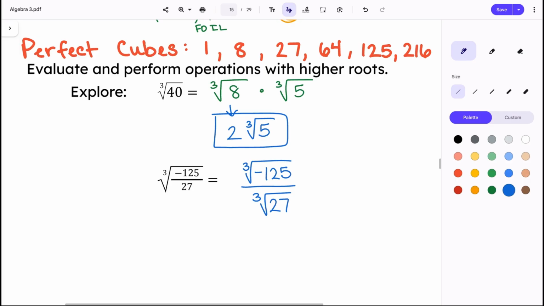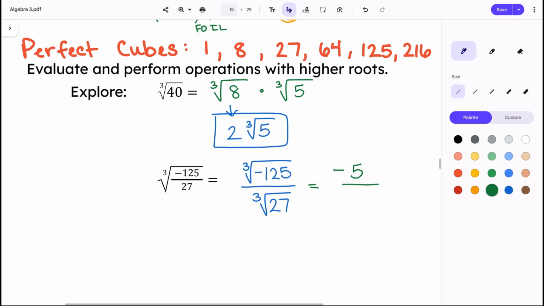Well, the regular cube root of 125 is just 5, but negative 5 times negative 5 is 25. But then if I times another negative 5, it switches back to negative, and I'm up at 125. So it's okay to have negatives when it's underneath an odd root like this, because you're not going to run into any of those weird cases of imaginary numbers.